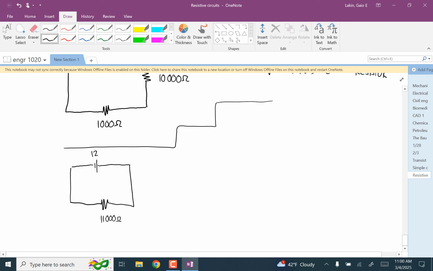And this is 12 volts, where the positive is this way and the negative is this way. And now we can use Ohm's law to figure out the current through both of those 2 resistors. So we have 12 is equal to 11,000 times the current.